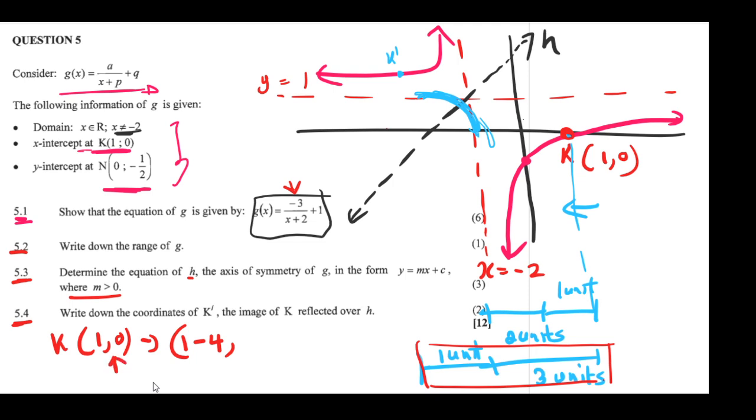It's going to go up 4 units also. As I said, chances are it's going to be somewhere here, k prime by the way. So it's going to be 0 plus 4 units. So your k prime is going to be minus 3 and 4. So these are the coordinates of k prime.